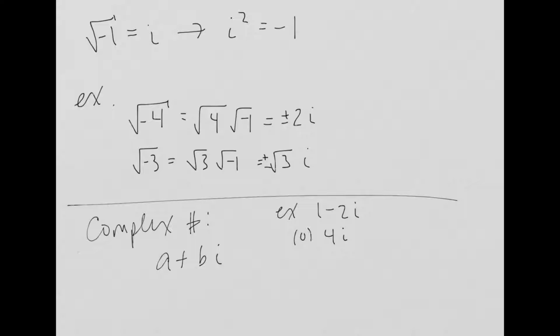There's a 0 out front, it's really 0 plus 4i, but just 4i is a complex number. 2 minus just i, that's a complex number. 5 is a complex number. Now why is 5 a complex number? Because really, this is 5 plus 0i. So everything is a complex number. Anything you can think of is going to be a complex number, but in general, a plus bi, so a real number plus a real number times i.